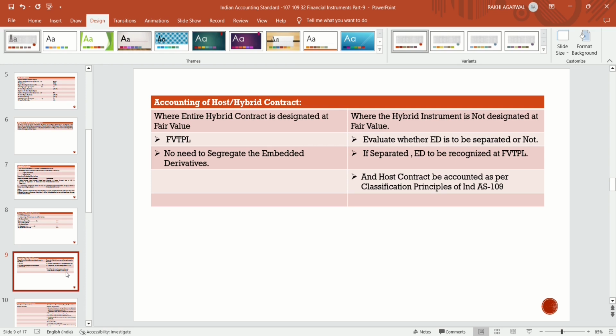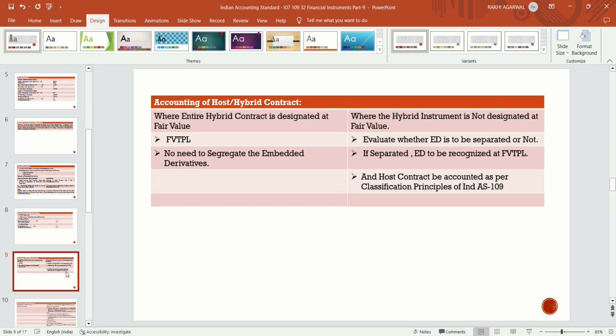If separated, the embedded derivative is to be recognized at fair value through profit and loss account, and host contract be accounted as per the classification principles of INDAS 109. Means host contract is to be recognized as per INDAS 109, and embedded derivative, that is derivative, be recognized through fair value through profit and loss account if it is not designated at fair value.